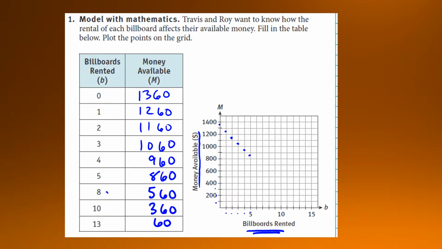Then 860. For 8, they'd have 560. For 10, and so on. Something like that. Hopefully that's how yours looked.